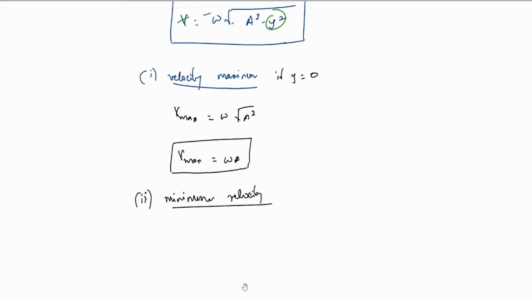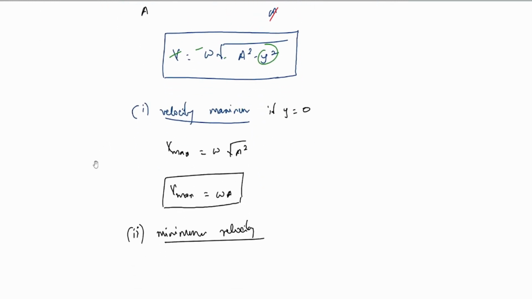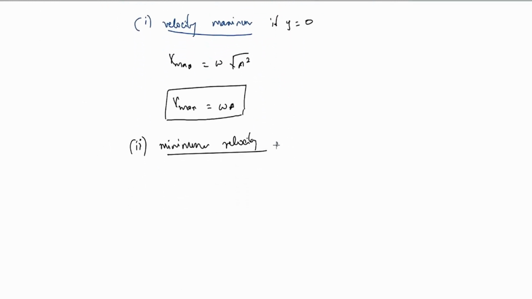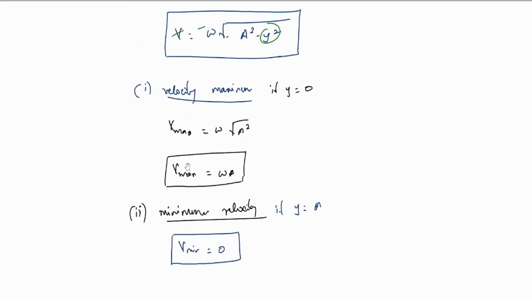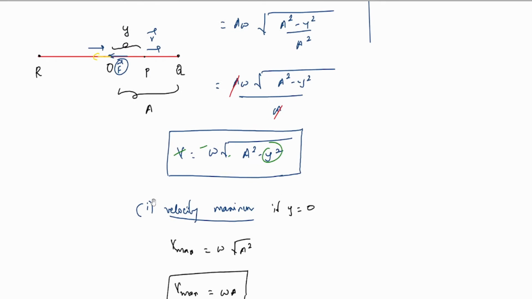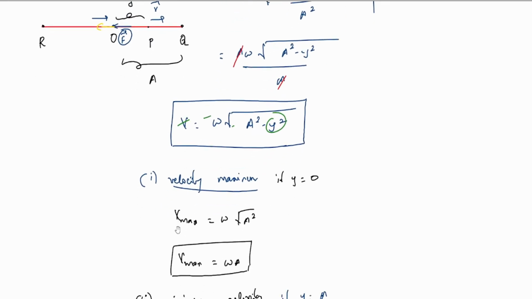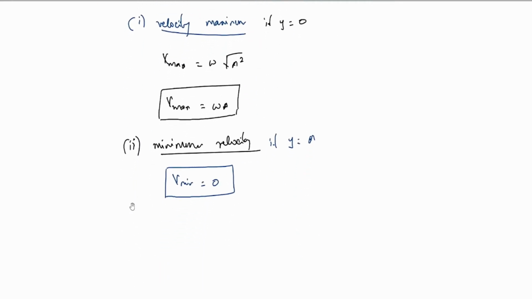That is, when the particle goes to the extreme position, y becomes A. So if y is equal to A, then V minimum is equal to 0. Whatever we studied physically, the same thing is obtained here mathematically also. The velocity would be maximum at the mean position because of the restoring force, and velocity would be minimum at the extreme end. This is the expression for velocity in simple harmonic motion.